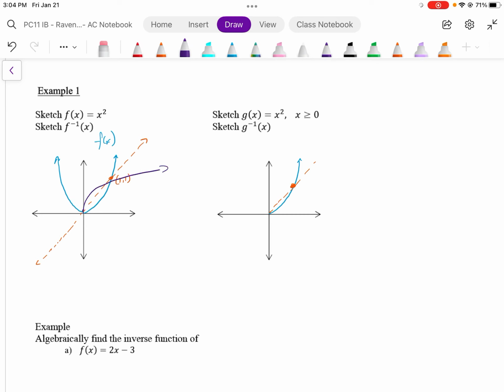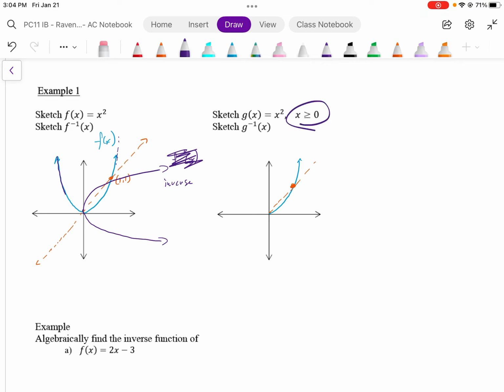The inverse looks like this. I'm just going to take this arm, the left arm, the negative arm, and I'm going to reflect it over here. What we can see is, if I call this an inverse function, well, it's an inverse, but it's not an inverse function. So since f of x was not one-to-one and didn't pass the horizontal line test, the inverse will not be a function. So I cannot use functional notation. I would maybe just want to call it an inverse relation right now.